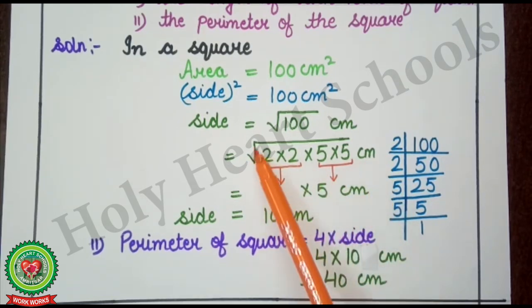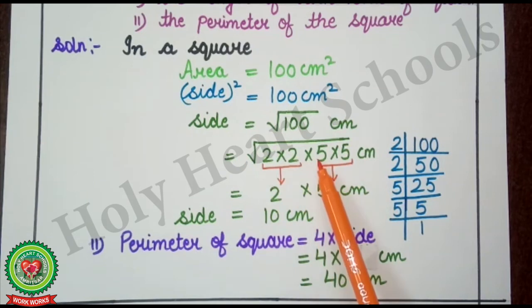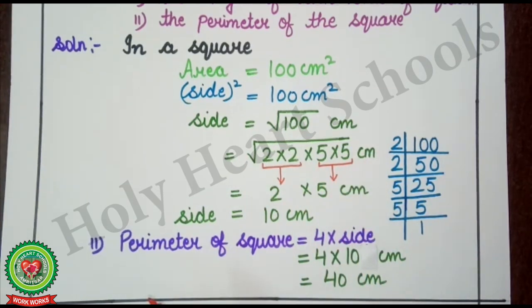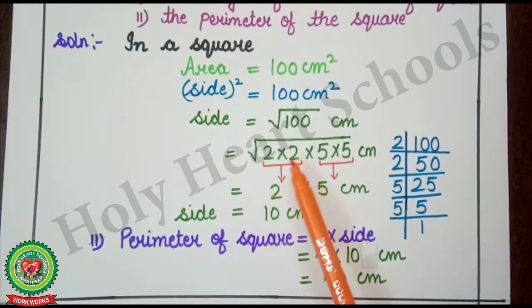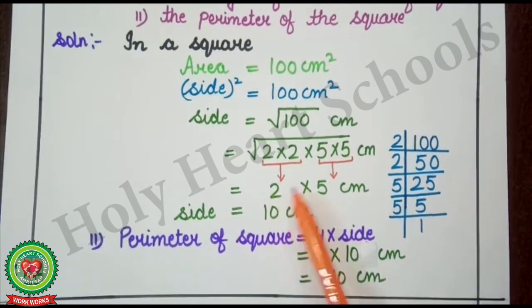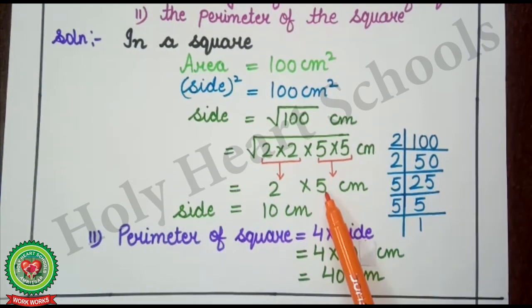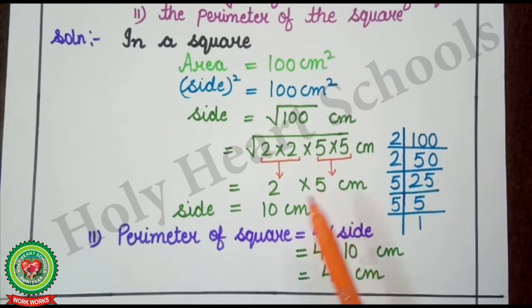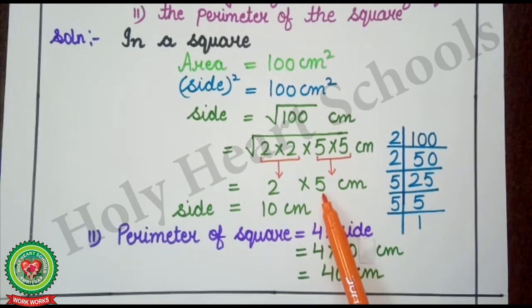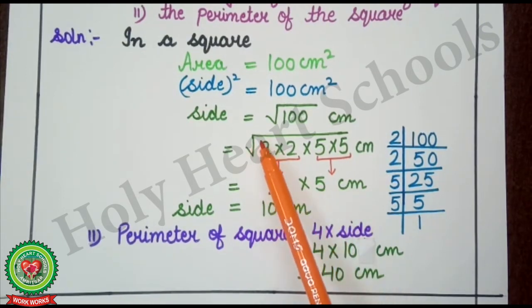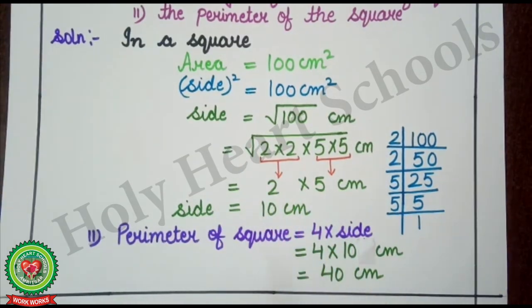Now we know in a square root we will make pairs of two numbers. So here 2 will come from the first pair and 5 will come from the second pair. So what will come in the next step? 2 multiplied by 5, and the symbol of square root will be omitted. Here it comes, side equals 10 centimeter.